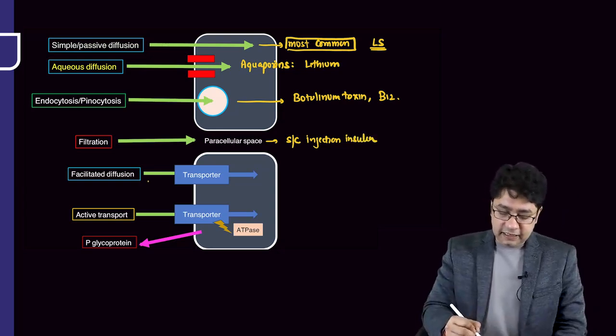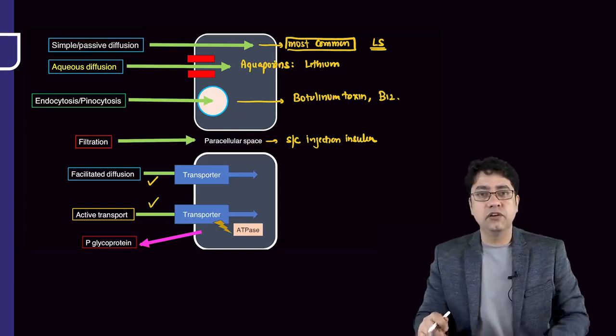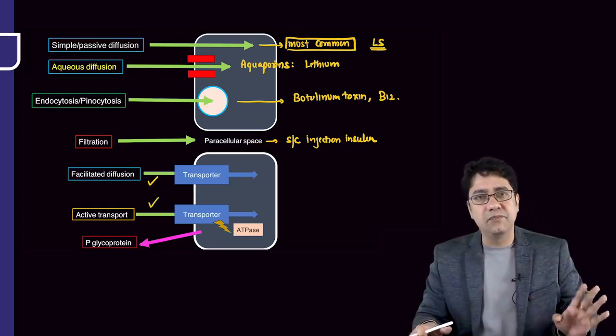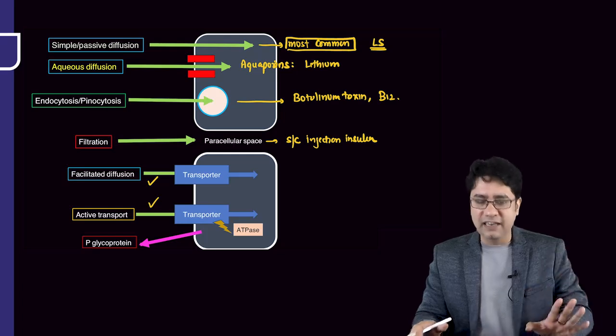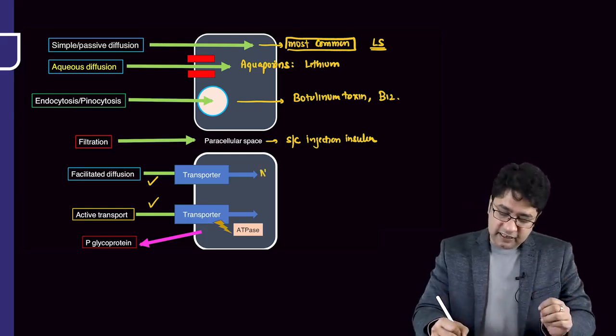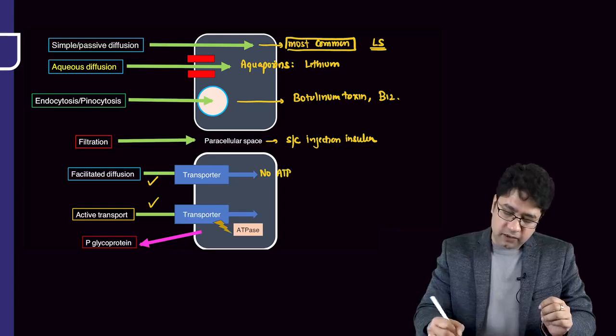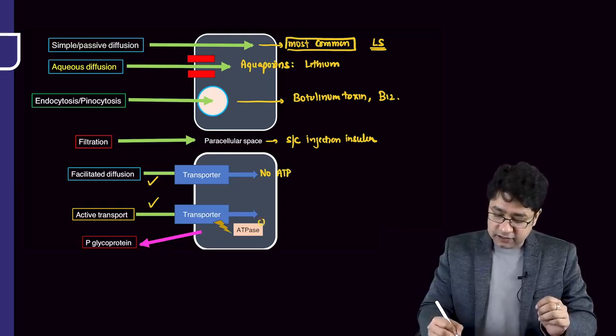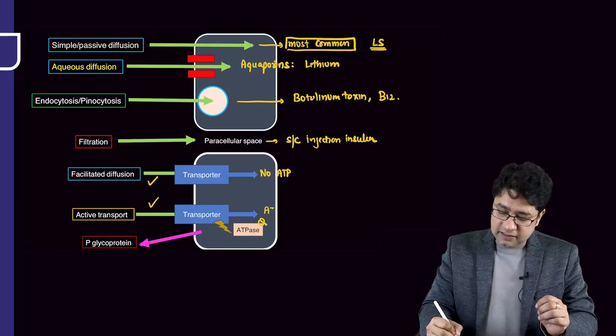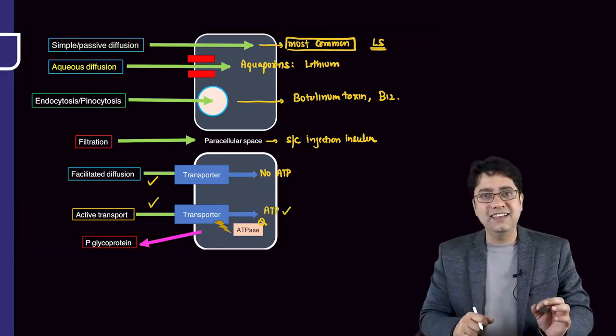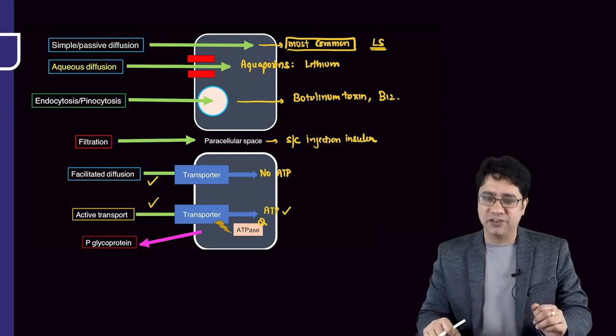Now, facilitated diffusion and active transport, they both occur with the help of a transporter. The only difference is that in facilitated diffusion, no ATP is required, while in active transport, you can see an ATPase enzyme. So here ATP is required, it is an energy dependent process.